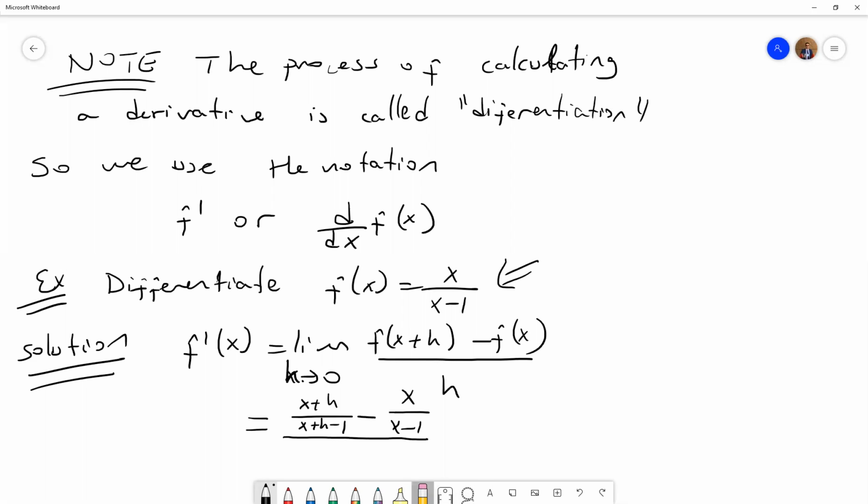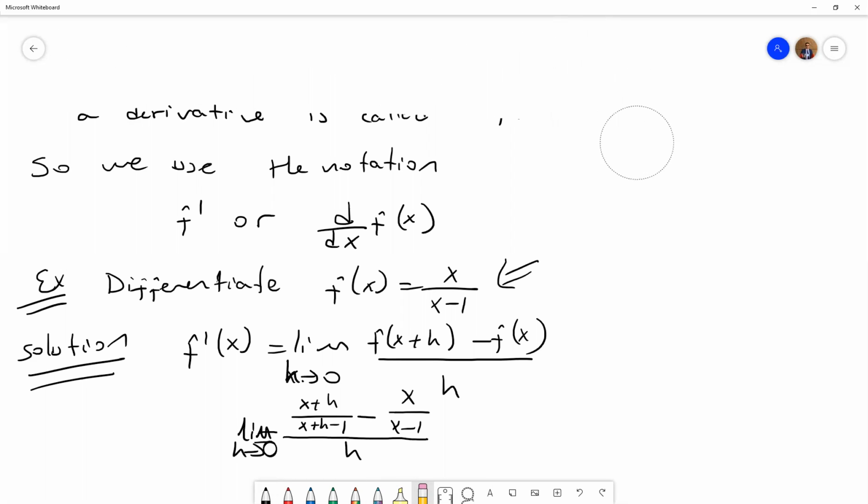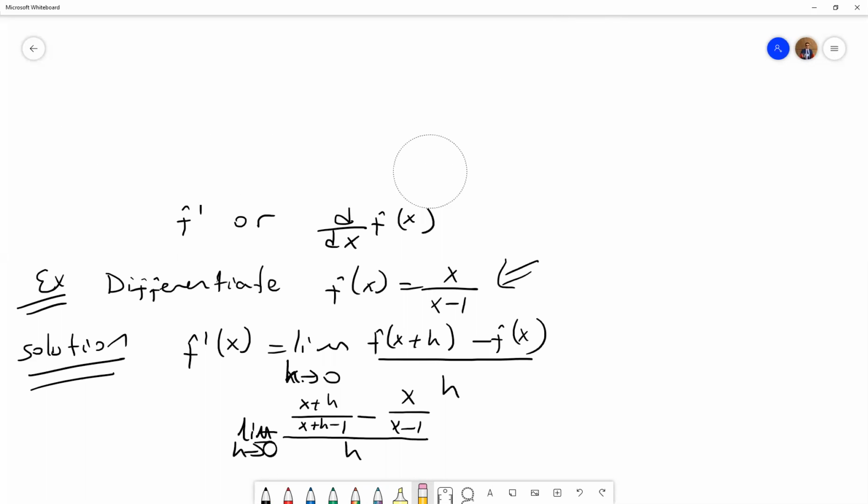And this one, let's put it in the right place here. Here we have h, and we have also limit h goes to 0 here. Now, again, write it again here.